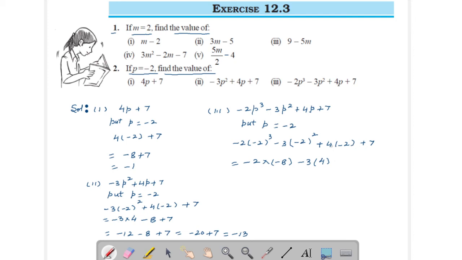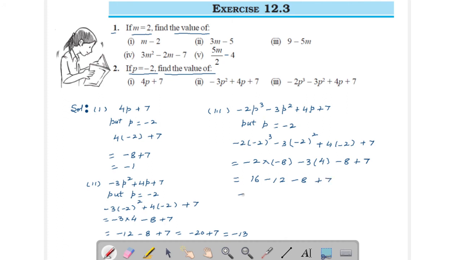Here open the bracket, 4 minus 2, it is minus 8 plus 7. Solve this. Minus 2 minus 8, it is 16 minus 3 into 4, it is 12 minus 8 plus 7.